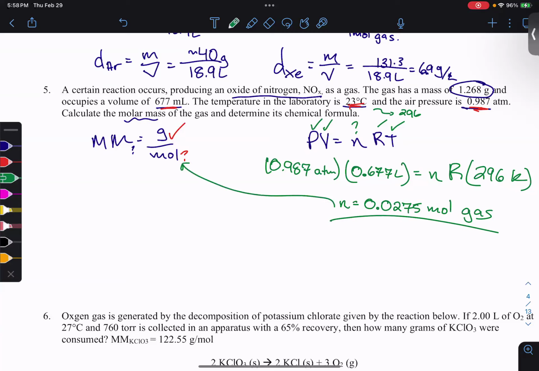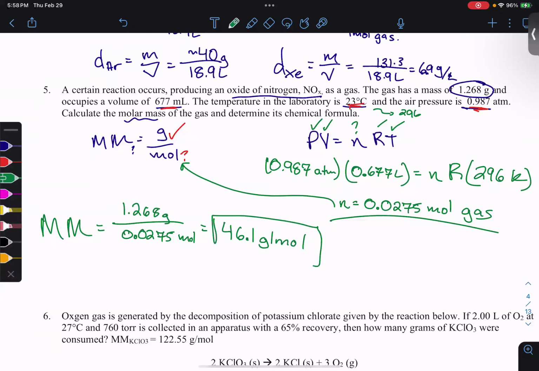That n amount is my denominator in the molar mass. So molar mass equals 1.268 grams. That's how much my sample weighs. And then this is how many moles of gas I have. And so that means the molar mass of this sample is something like 46.1 grams per mole. So this would be a great numerical question on the exam.